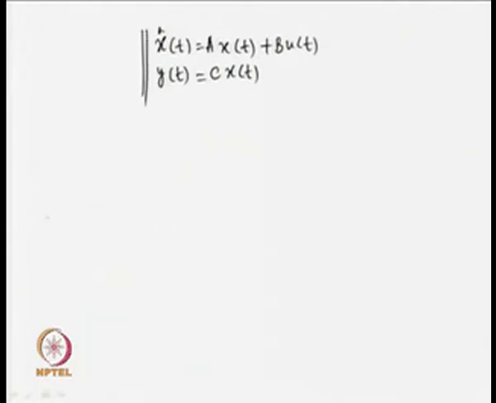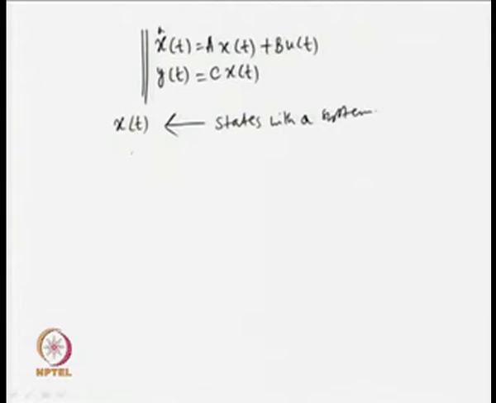Now, to find the output of the system at any time instant, what do you need to know? You need to have information about the states of the system at that instant of time. So, x t gives us the set of states involved with a system.